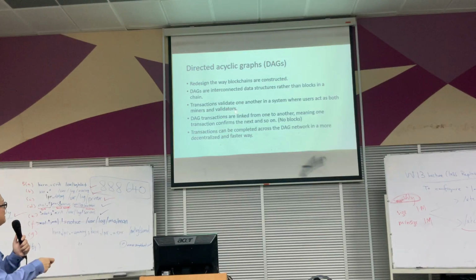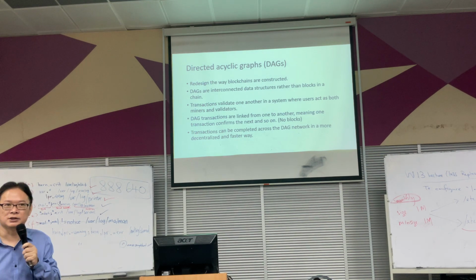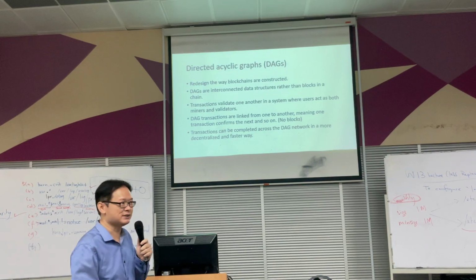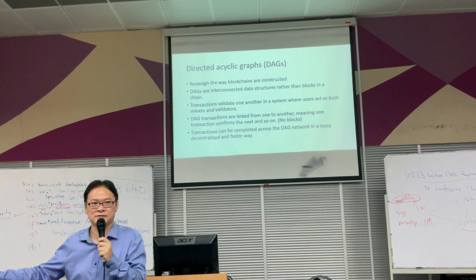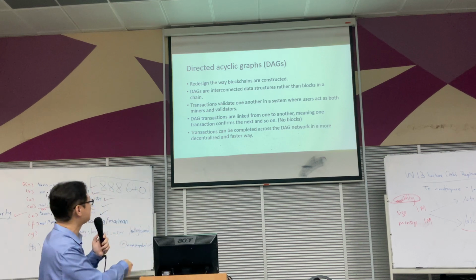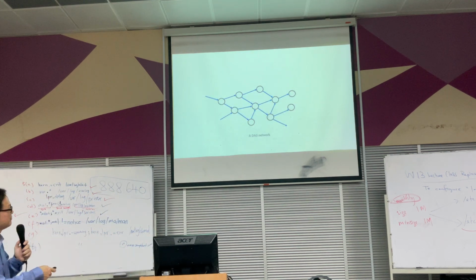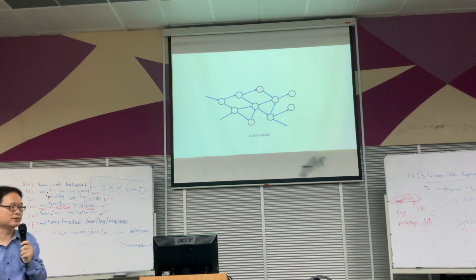So how is it different from blockchain? Since I say it's not blockchain, yes, it's not blockchain because you won't see a block, you won't see a chain. It is more like a graph, right? There is no block and no chain also.